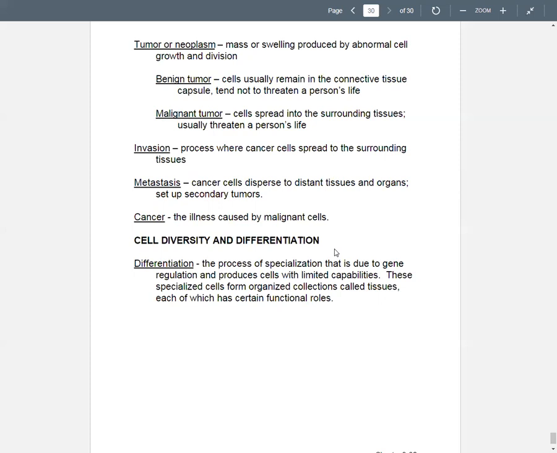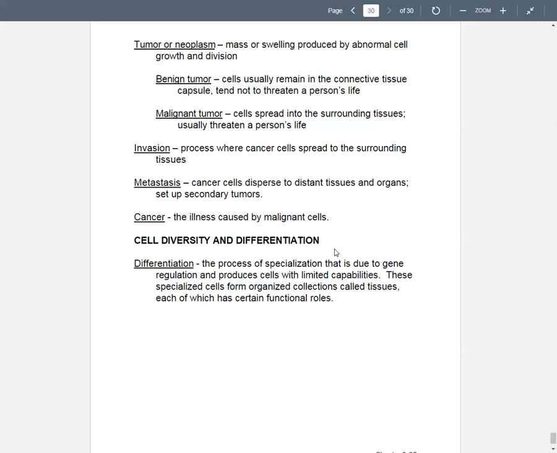All right. Now, how does this process relate to who we are as adults? Well, we're all a combination of different types of cells that are differentiated. And what's differentiation? Well, it's basically specialization due to regulation of our genes, and it produces cells that have different capabilities that are limited.